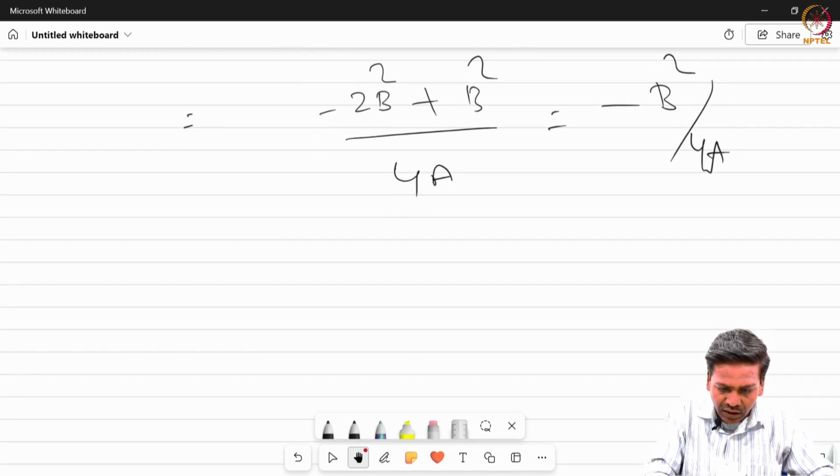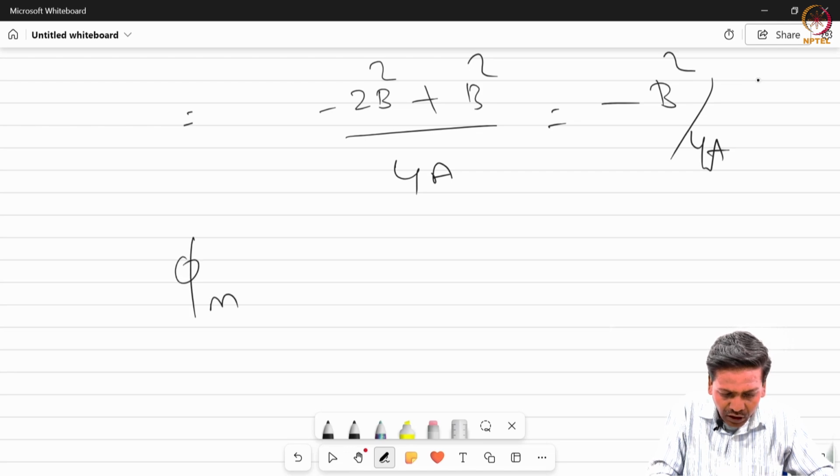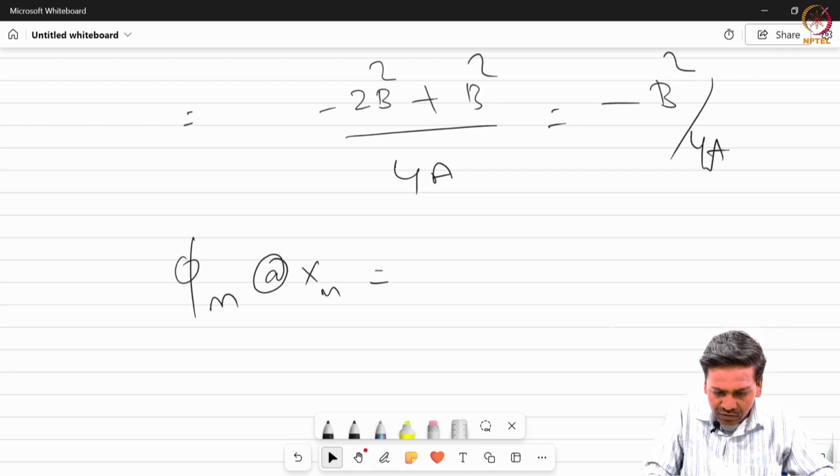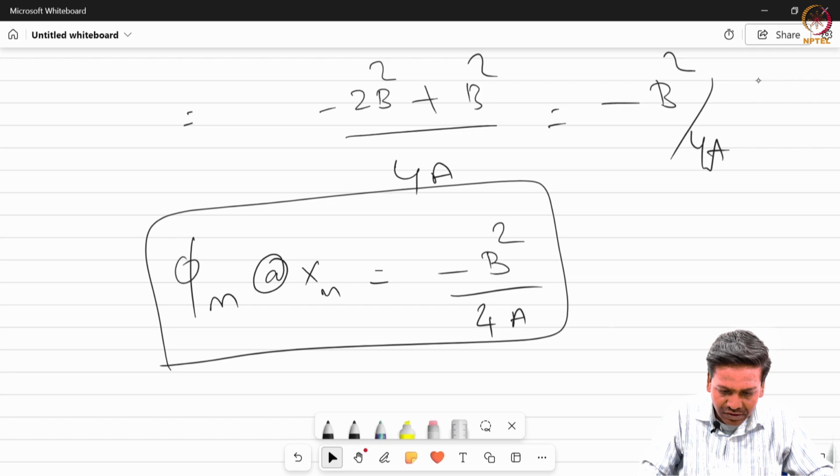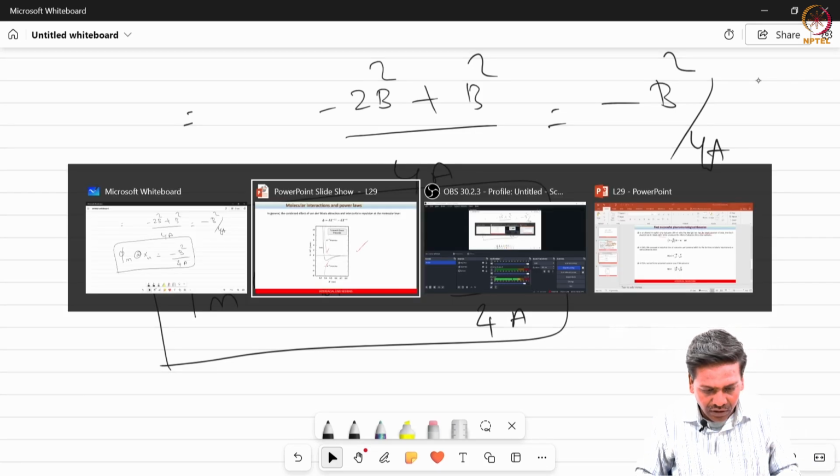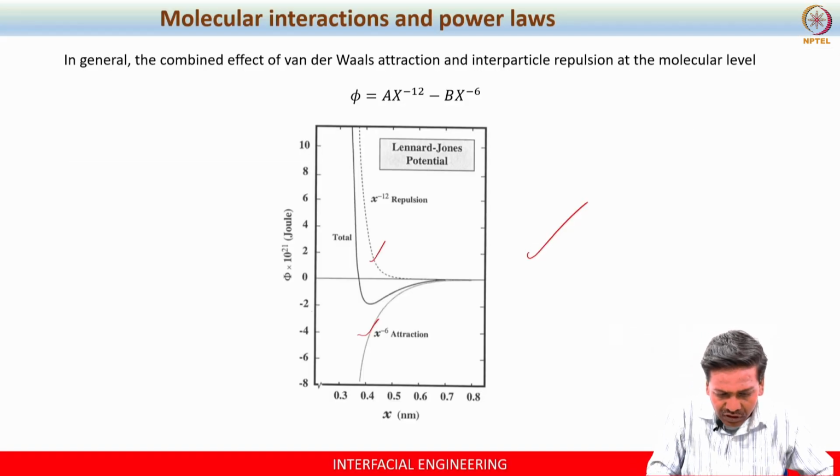So we know that the pi m evaluated at xm is nothing but minus b square by 4a, right? If you look at our equation, this part is nothing but your xm and this part is nothing but your pi m.